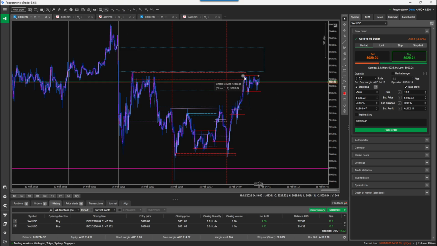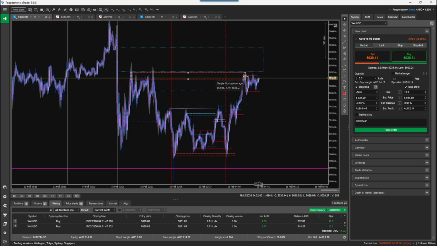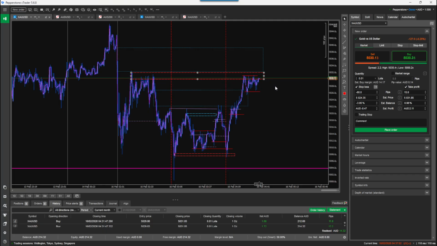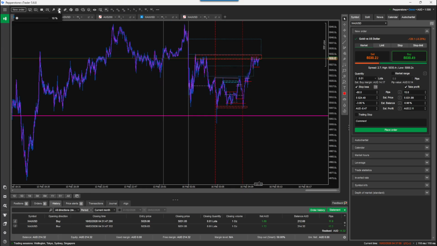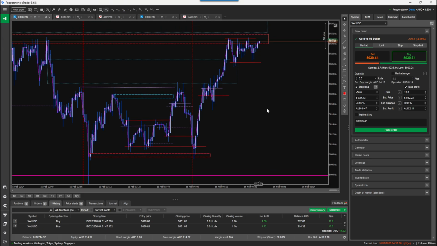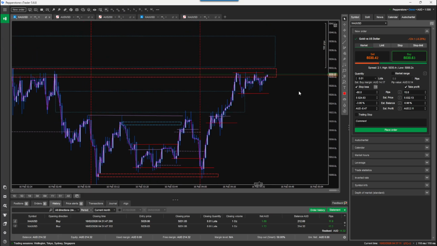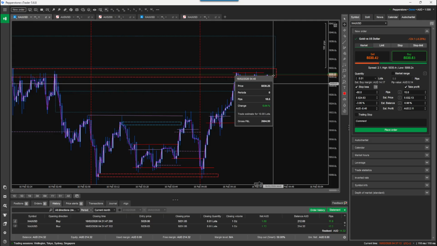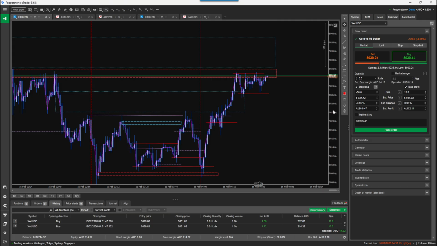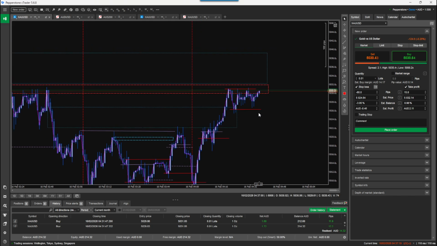But we've got this lot of liquidity in here protecting it. Needs to move through that before we'll see any rise up. Still favouring the long side.